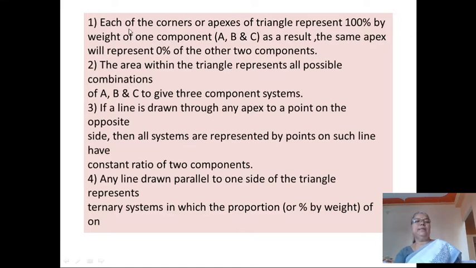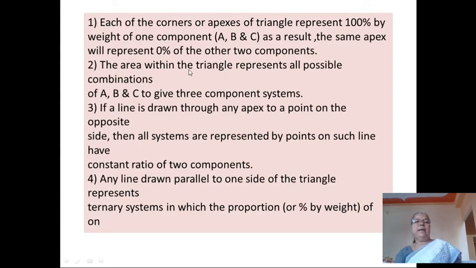The first rule is that each corner or apex of a triangle represents 100% weight of one component. Each corner represents 100% weight of the components, that means A, B and C. As a result, the same apex represents 0% of the other two components.